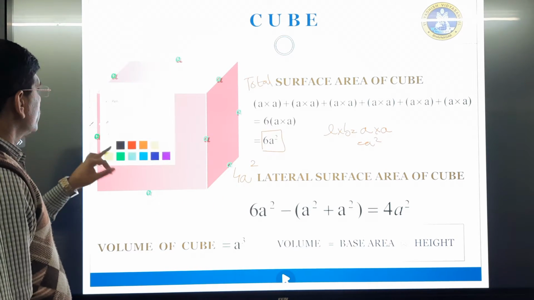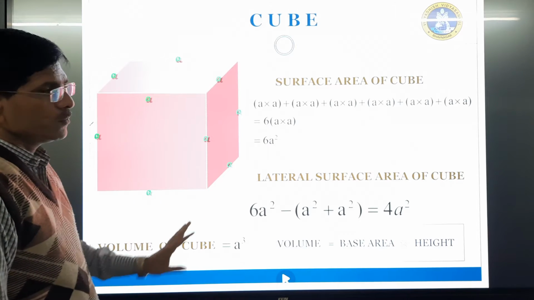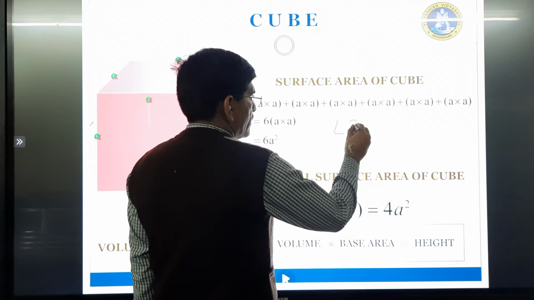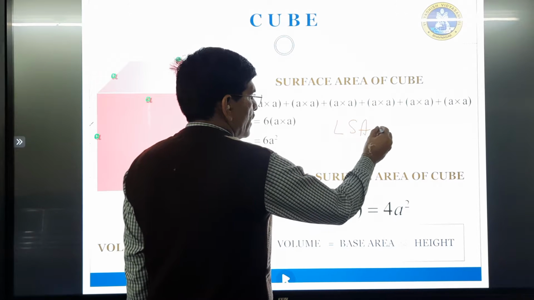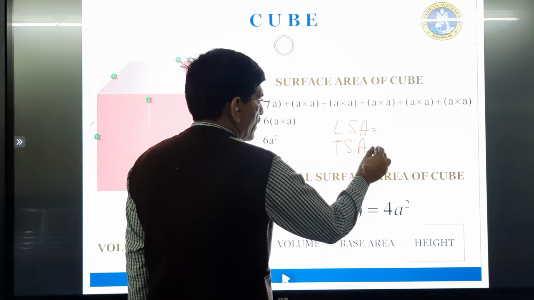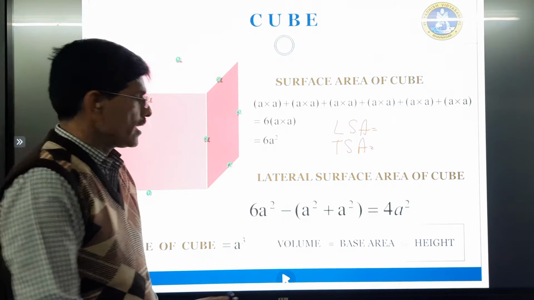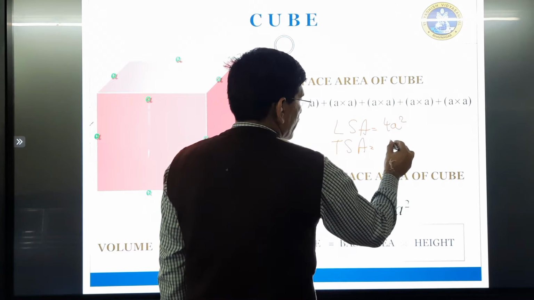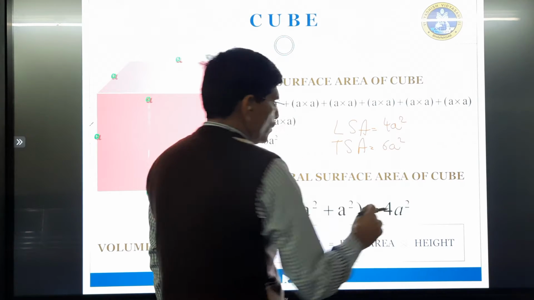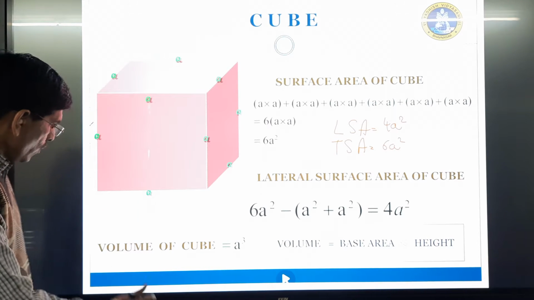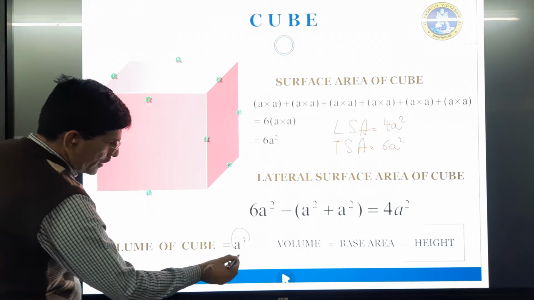So 2 things we have to write, lateral surface area and total surface area. In lateral surface area, remember 4A square, and here 6A square. These 2 things are important to learn in a cube.